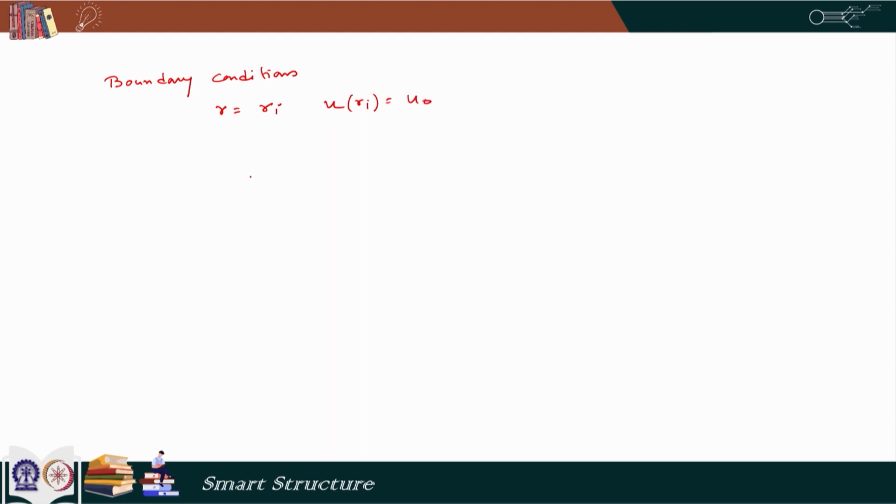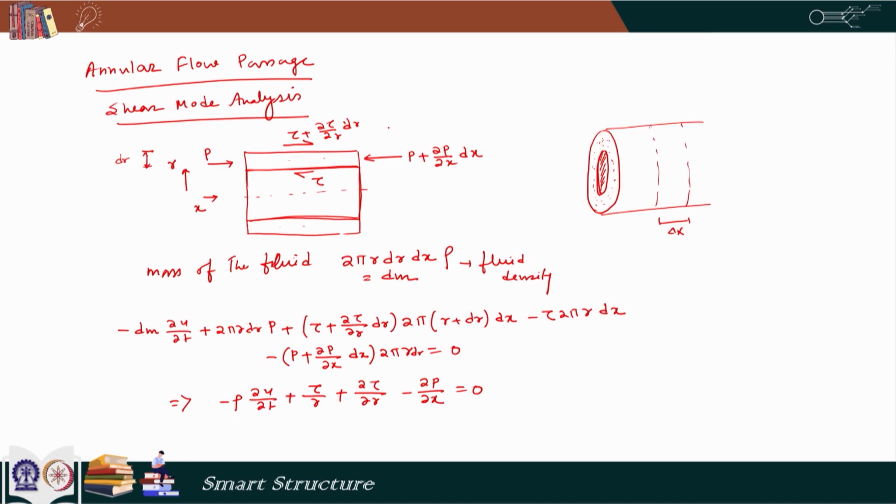That is the velocity at which the inner cylinder is moving, and at r is equal to r o, that means outer radius, the velocity is 0. Because if I go back to the diagram, the inner radius is r I and the outer radius is r o, and the inner cylinder is moving with a velocity u 0 and the outer cylinder is fixed. So, at the inner cylinder because of the no slip condition, the boundary condition is u is equal to u 0, and here because of the no slip condition the boundary condition is u equal to 0.